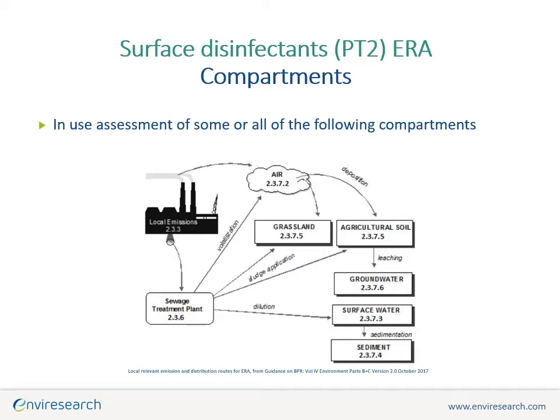We can also check previous competent authority reports to see if any precedents have been set. For product type 2, emissions are mainly wastewater to sewage treatment plants. For example, emptying a mop bucket into a sink, rinsing a clean cloth in a sink, and then that emission goes through to groundwater and surface water and then through to sediment.